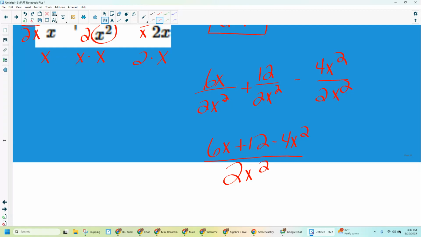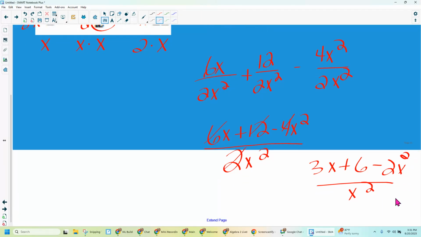I can factor out a 2 out of everything, and that's going to give me 3x plus 6 minus 2x squared all over x squared. Let's look at that. I'm going to rearrange that.